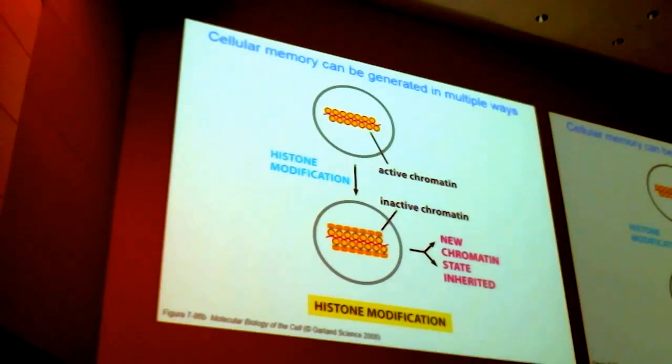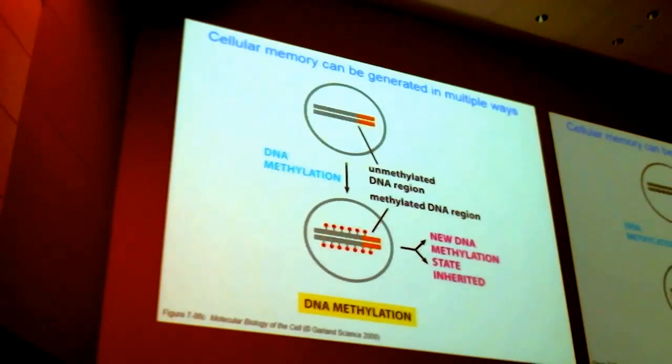Okay? A third way is through remembering DNA methylation. This is probably new to you. We will talk a little bit more about this later in the lecture today. But DNA methylation refers to the methylation of cytosine on the 5th position on the base. And that methylation changes how gene regulation happens.